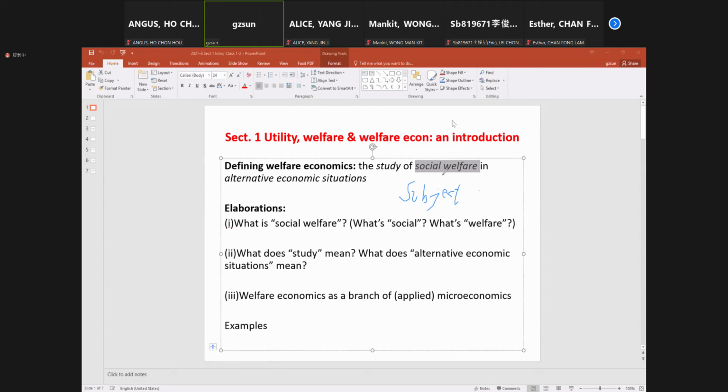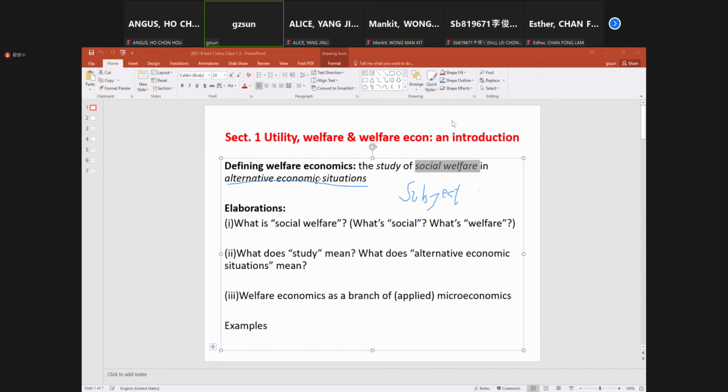Another word is about alternative economic situation. As mentioned earlier, this is qualification to qualify the subject. Basically, this course will focus on social welfare and different economic situation.